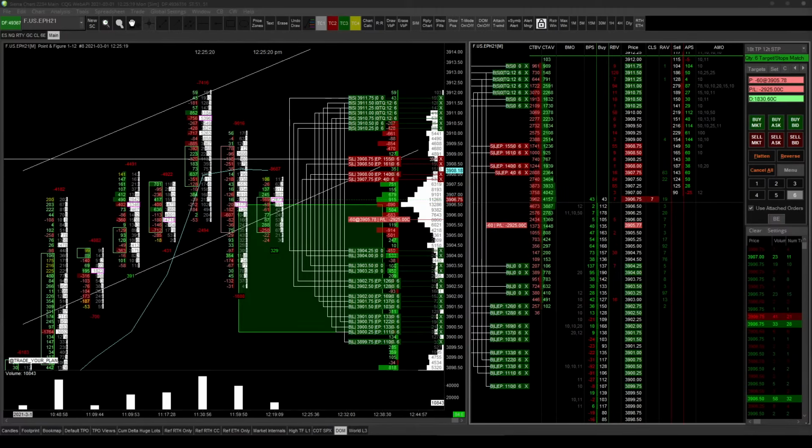Yeah, that's one of the things with new users of Sierra Chart: what users typically do is they do the trial period, and that has its own symbols for the Sierra Chart data feed, right?